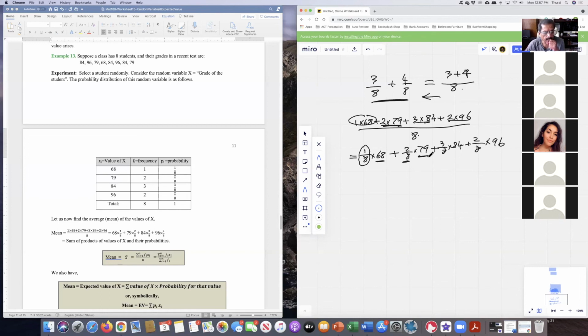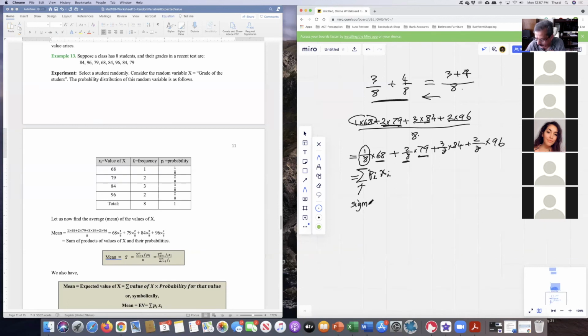So what I have proved here is that each value of the random variable, which we call xi, can be multiplied by the probability for that value, and then you add them up. The sigma notation means, this is called the sigma, and if you open up a statistics book, you will see this symbol everywhere.